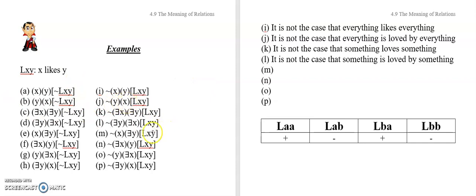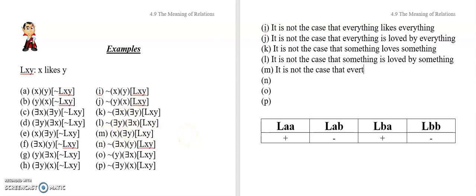We're just going to keep iterating it to get you that confidence, okay? Here, once again, let's go ahead and try this without the leading negation. So everything loves at least one thing. So this says, with the leading negation, it is not the case that, so that's the leading negation, and then let's just look at this part here.